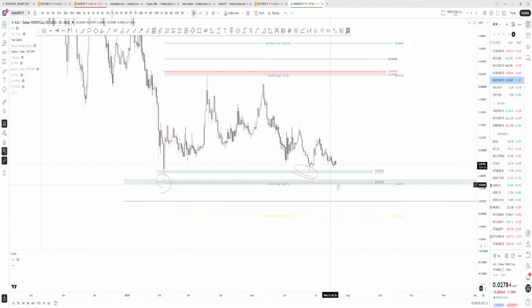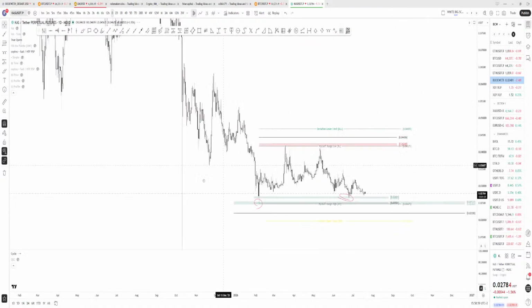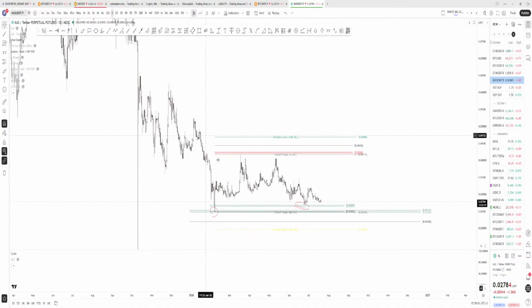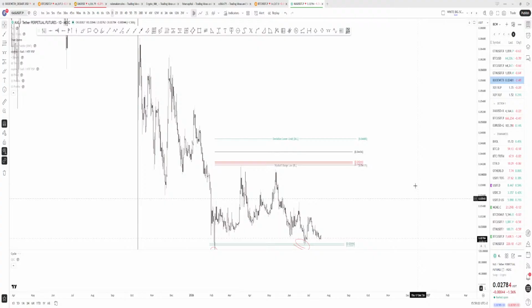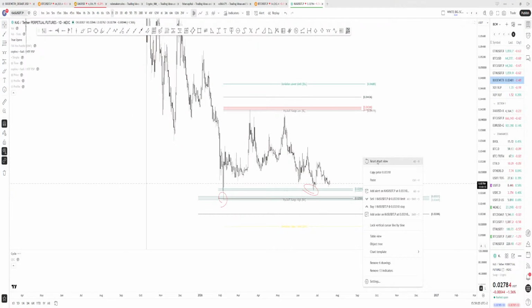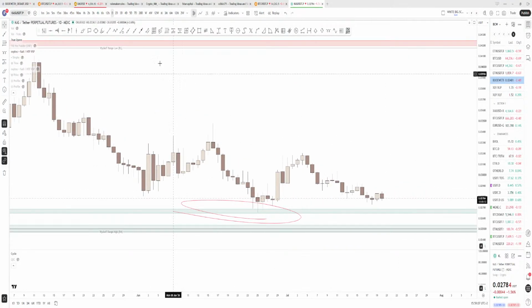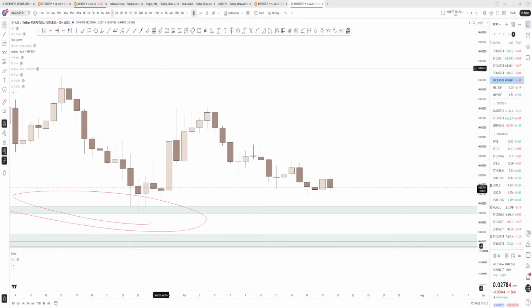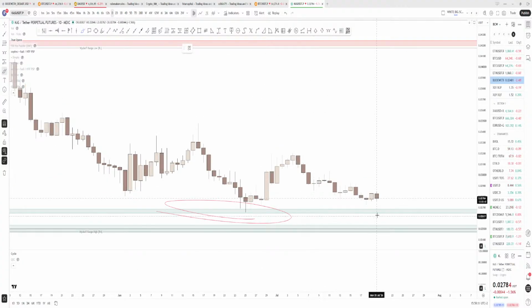That is the possible lowest target for me that I could expect right now. But as long as we hold this, I would be looking for a possible long too. You don't want to see closure below this green, otherwise we will see the lower levels.